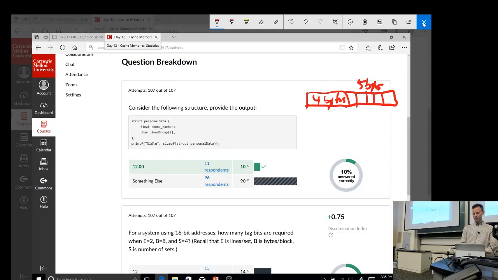But then the whole thing has to be a multiple of the largest item, which is 4 bytes. So it has to be a multiple of 4 bytes, and the next largest multiple of 4 above 9 is 12.